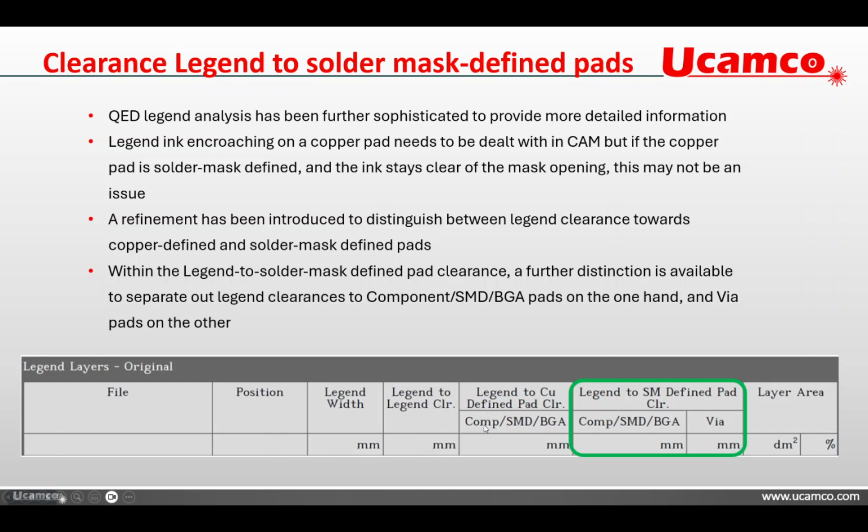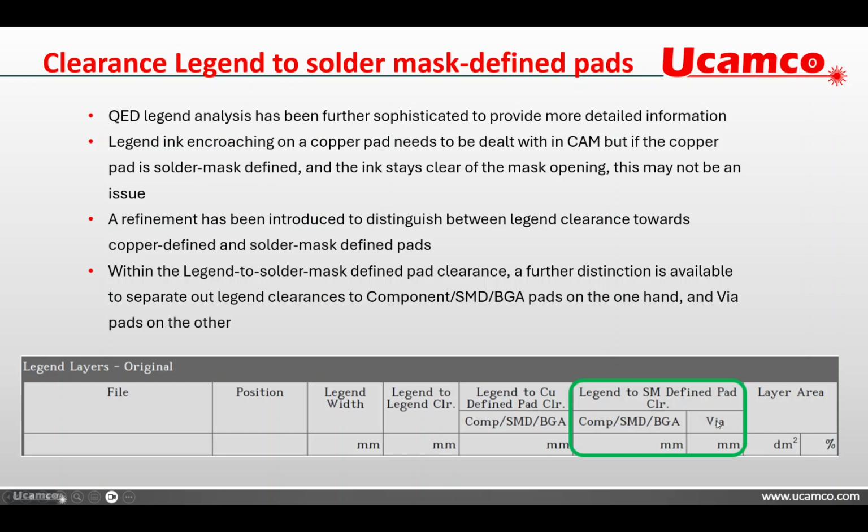Sorry, I was confused a minute ago. So this is the copper defined pads, of course, simple component pad, SMD pads, BGA pad. And then you have the variance of these three pad types, where the solder mask is somewhat smaller than the actual copper surface itself, again for component, for SMD, and for BGA.